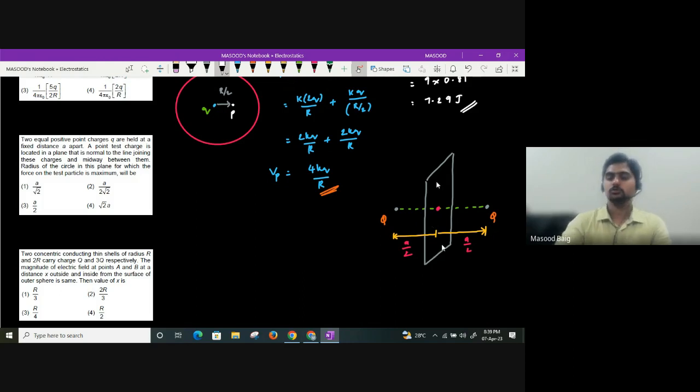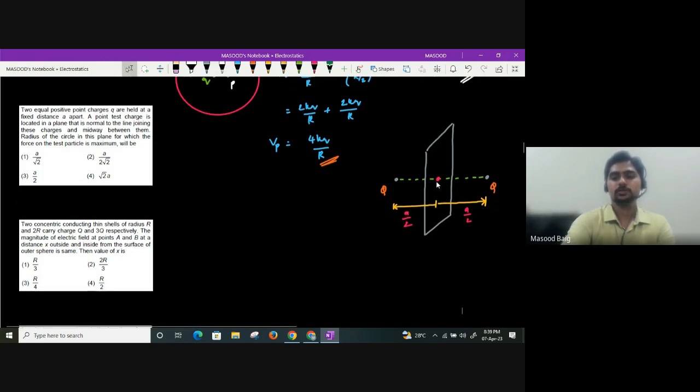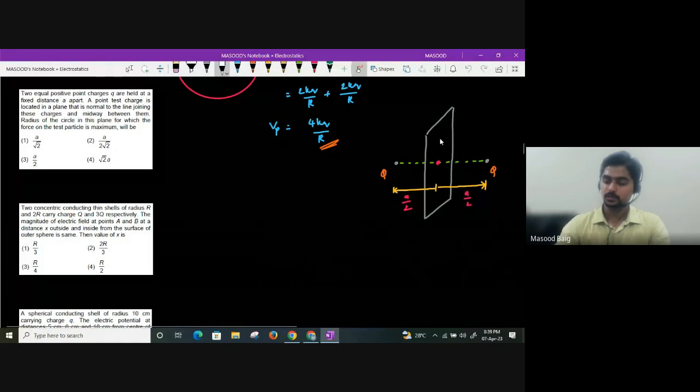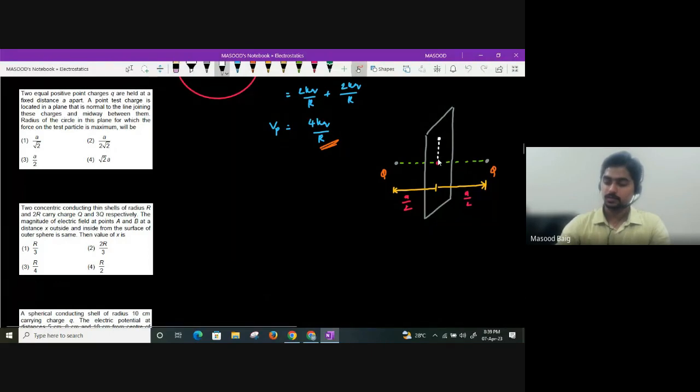So what I'll assume is that the test charge is somewhere over here, at a distance x from the midpoint. Let us imagine that force is maximum. This is the condition, guys. It is one of the previous year questions only.